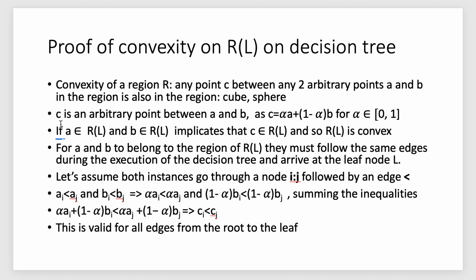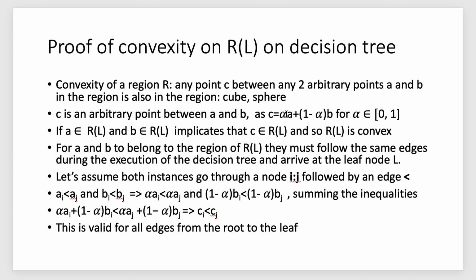So let's take C, an arbitrary point between A and B. We need to prove that this point is also in the same region, and then we prove that the region is convex. Let's say that C is alpha A plus 1 minus alpha B, with alpha being in the interval of 0 to 1.